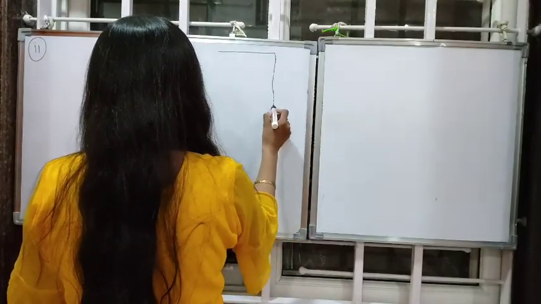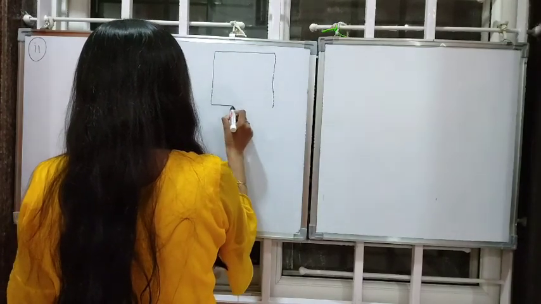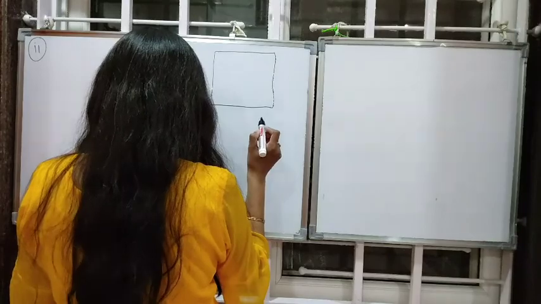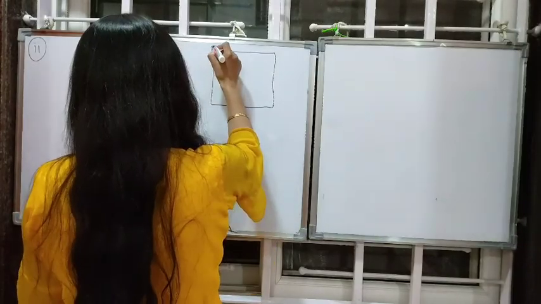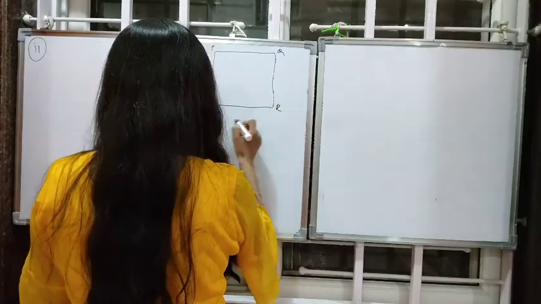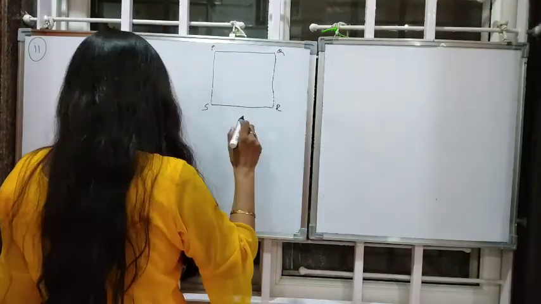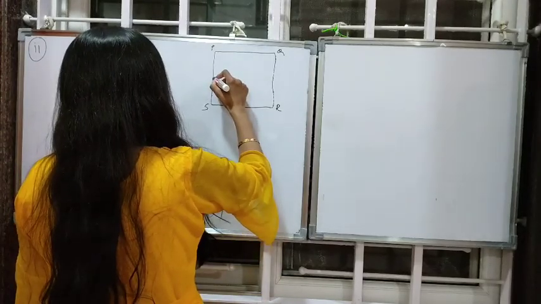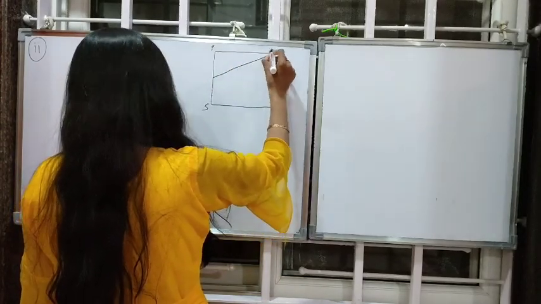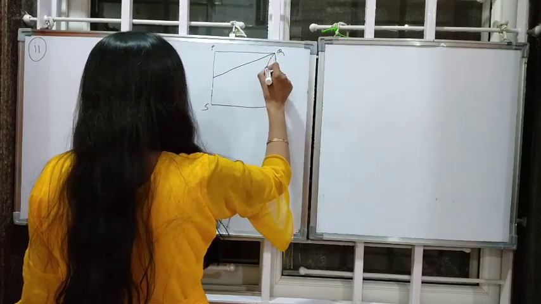It's a square. I'm very sorry if I'm not able to make a square. This is P, Q, R, S, because I'm very bad at making squares, children. I don't know what happens to me when I have to make a square. This is the shaded portion.